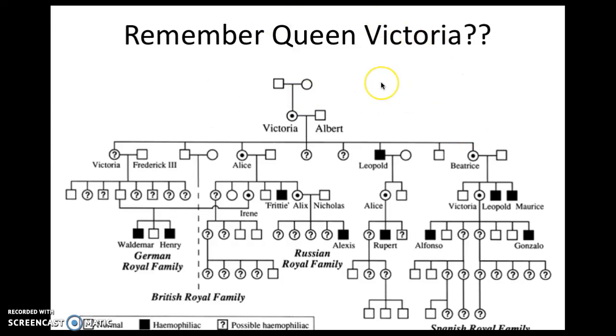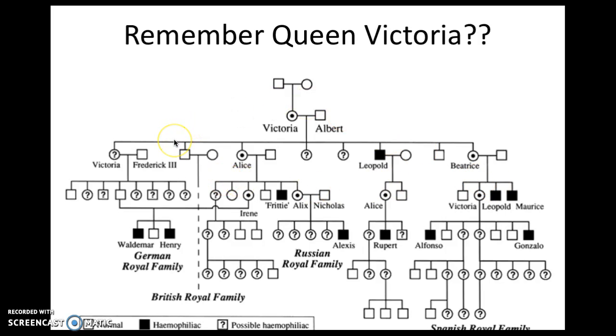Remember Queen Victoria? Remember how she had hemophilia? So this is Alexei from Nicholas and the Romanovs, and they were all killed. Anastasia is one of these guys over here. It originated from Queen Victoria, and she had a lot of kids.